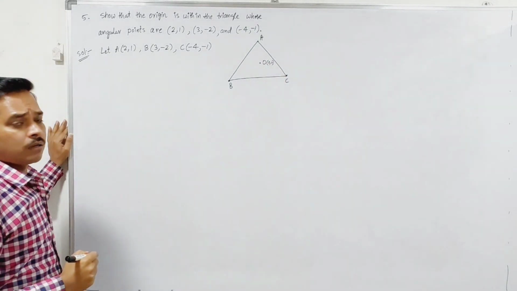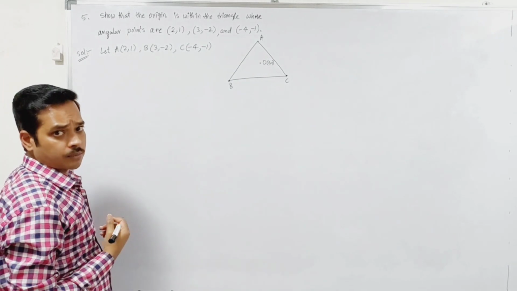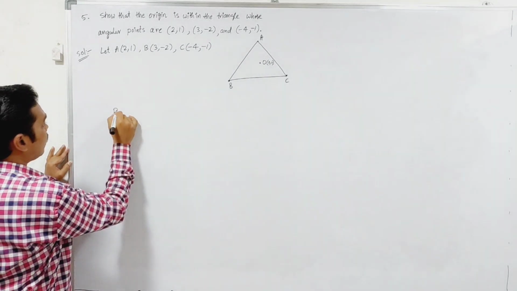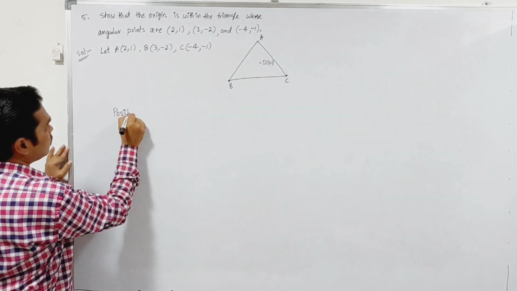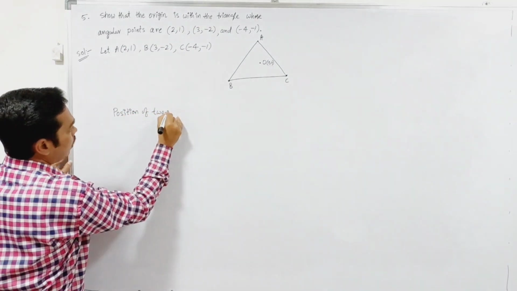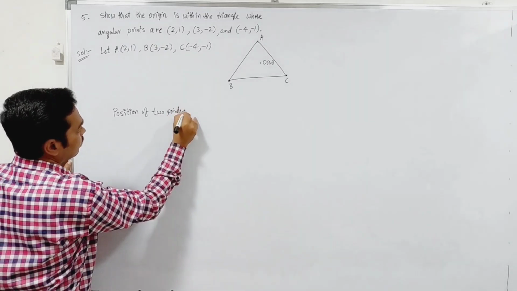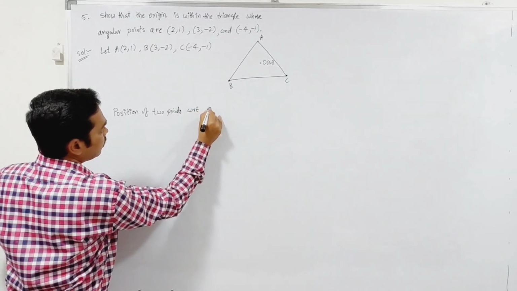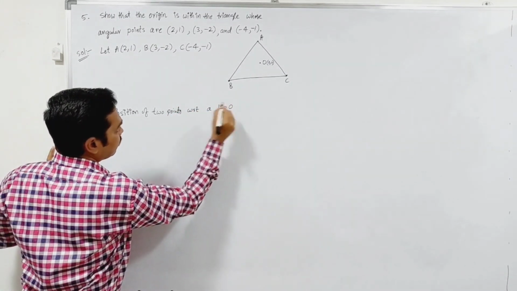For this problem, we know one concept, that is the position of 2 points with respect to a line L equal to 0.